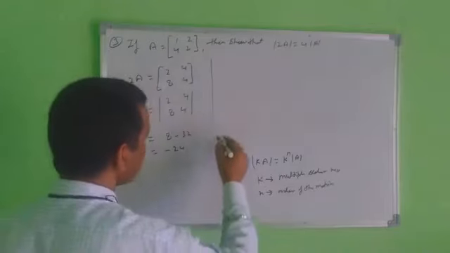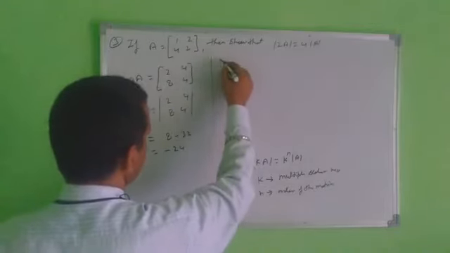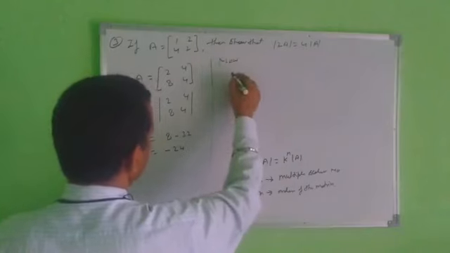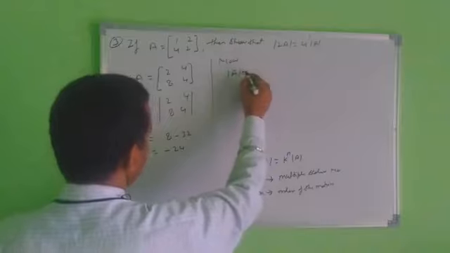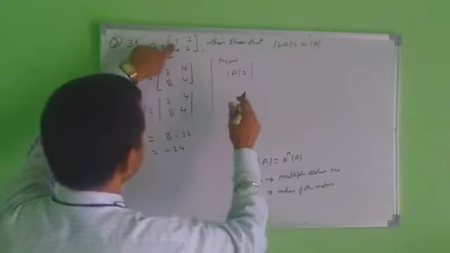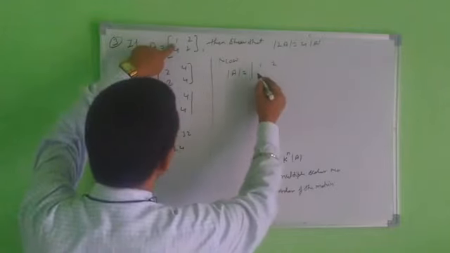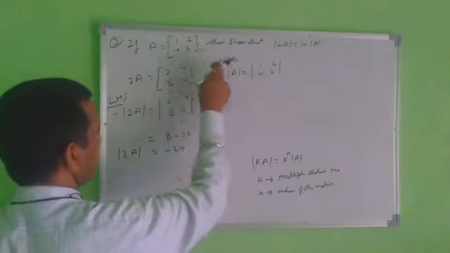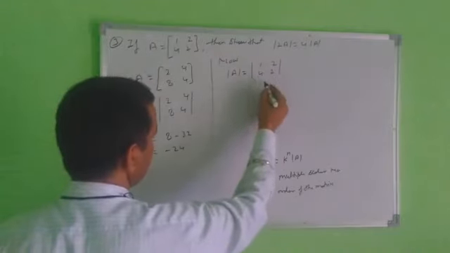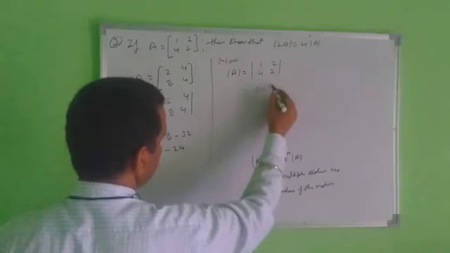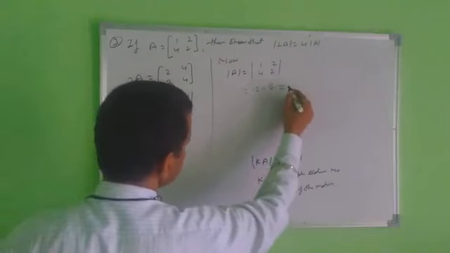After that, we will check your RHS here. First of all, find the determinant value of A. Convert the matrix A, 1 2 4 2, into determinant form. So what is the value of the determinant of A? 1 times 2 is 2 and 2 times 4 is 8, so this is minus 6.